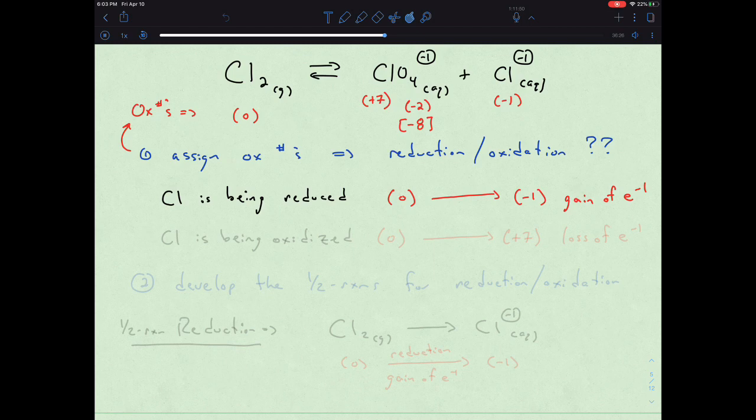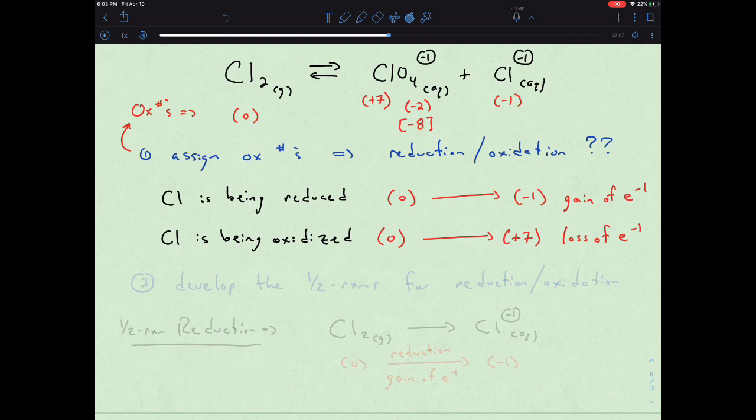And then the other chlorine is being oxidized, meaning that we're starting from 0, but now we're going to +7 for the perchlorate. So there is our loss of electrons. So one of the chlorines is being oxidized, one of the chlorines is being reduced, and we see that from that change in oxidation number.